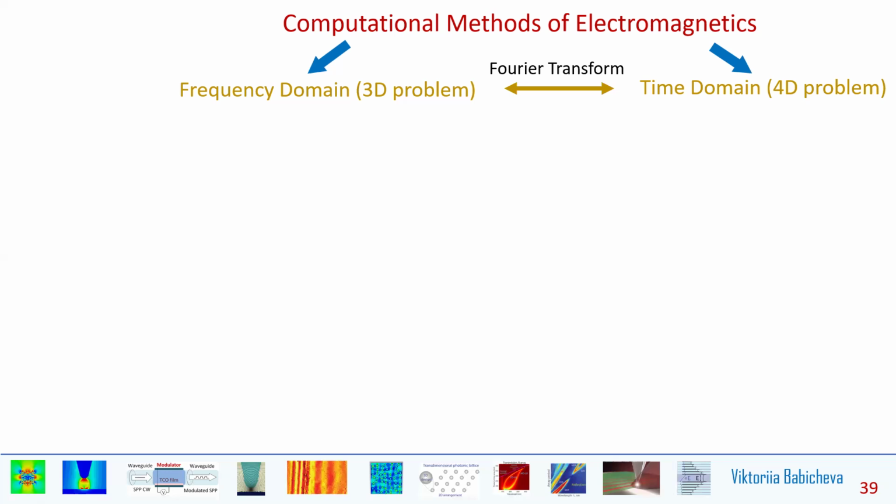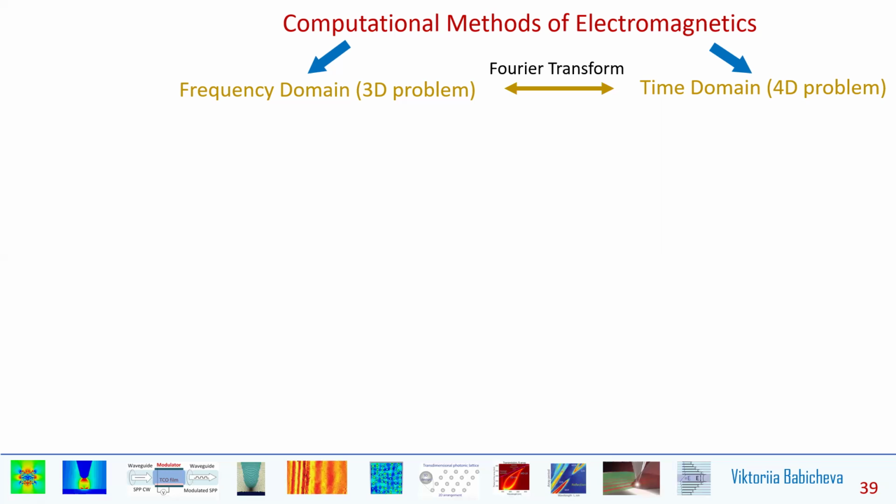In frequency domain, Maxwell equations represent a 3D problem. In contrast, time domain Maxwell equations represent a four-dimensional problem. So as a result, the degree of difficulty or complexity of solving Maxwell equations in the frequency domain is significantly reduced.